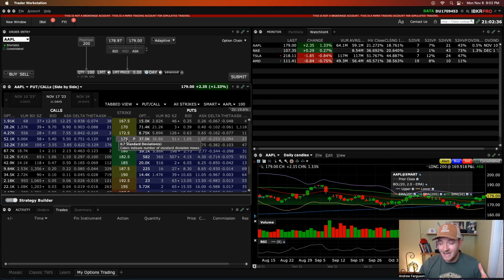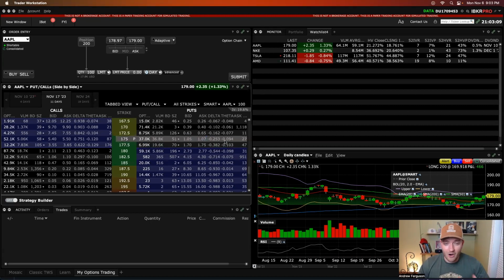What this means is that if we do have to end up buying Apple, we would do so at 175, and we get paid around $1.06 per share times 100 shares. For every contract, there's 100 shares. So $106 to buy Apple at 175 per share. So we'd spend about $17,500 to buy. We get paid about $106 to do so. Not a bad trade. Pretty good return on that one.